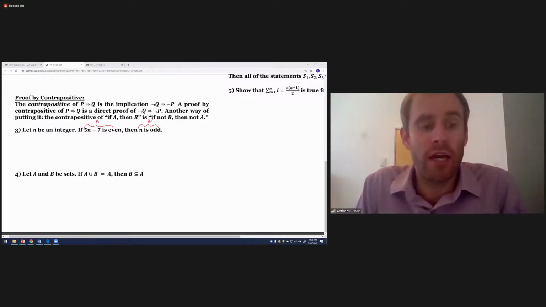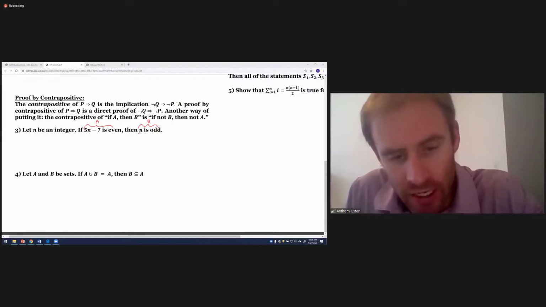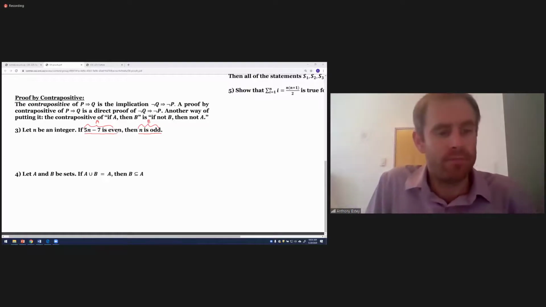To do the contrapositive proof, what we're going to say is if not B, then not A.